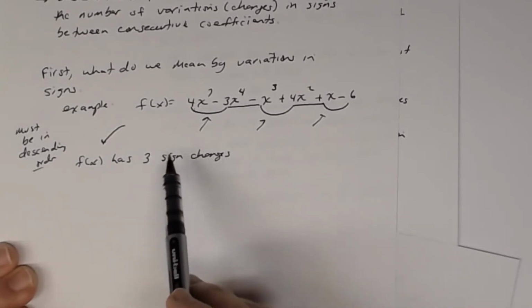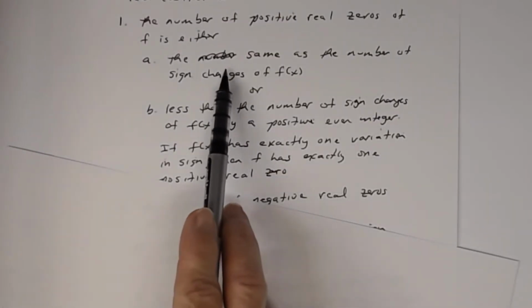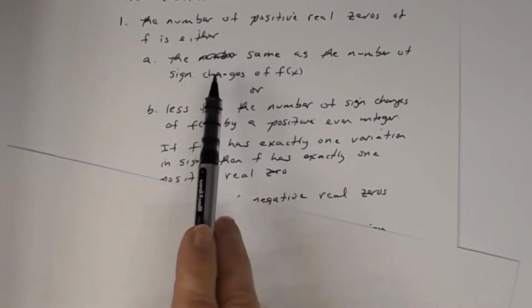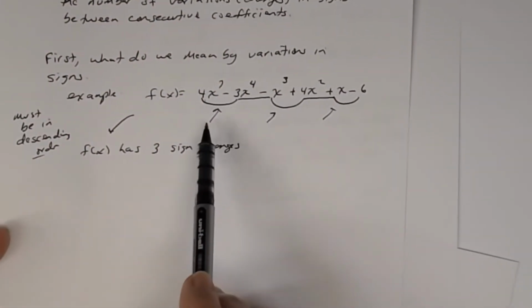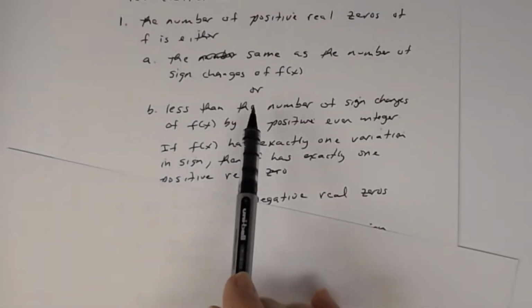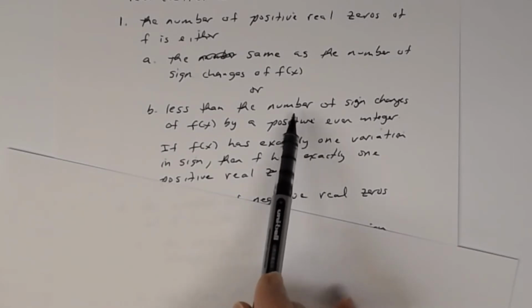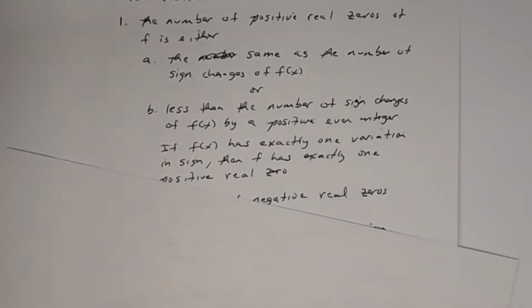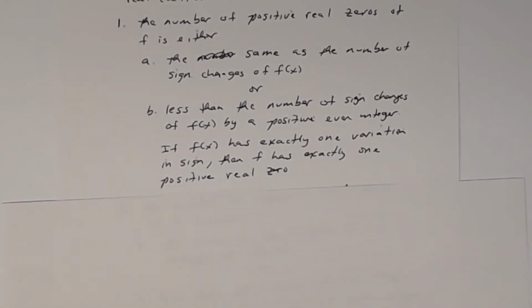So according to this, the number of positive real zeros of f of x is either the same as the number of sign changes or less than the number of sign changes of f of x by a positive even integer. So basically, all you're going to do is subtract 2. Subtract 2 until you get to 0 or a negative number.